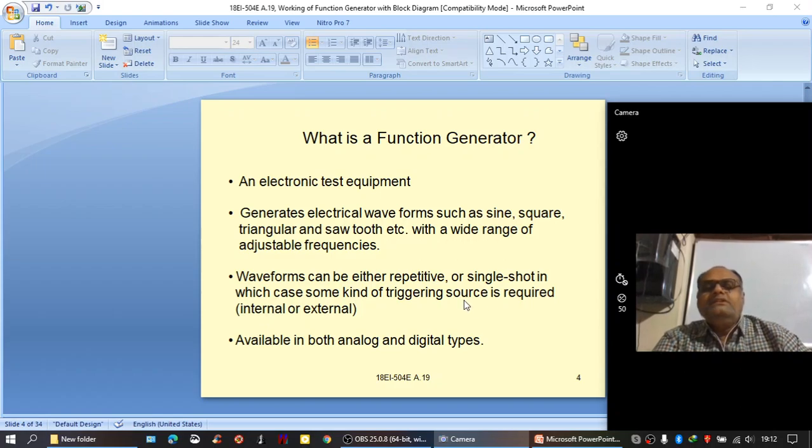Then the signals are available in both analog and digital types. That is, a function generator produces signals both in analog and digital types.